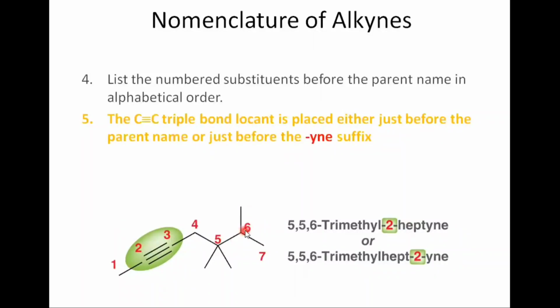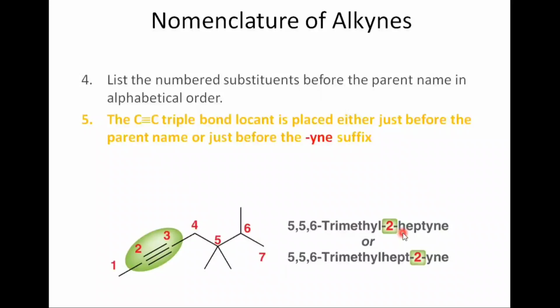As we know, we assign the substituent name first, so its correct name would be 5,5,6-trimethyl. 5,5,6-tri because it contains 3 methyls. Trimethyl and 2-heptyne because carbon 2 contains the carbon-carbon triple bond. So its systematic name would become 5,5,6-trimethyl-2-heptyne.